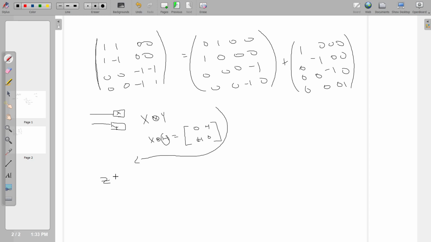If we do Z Kronecker X, remember Z is 1, 0, 0, negative 1, so we have 1 times X, 0 times X, 0 times X, negative 1 times X. So this equals X, 0, 0, negative X, where X is 0, 1, 1, 0, which can be seen in this component right here.